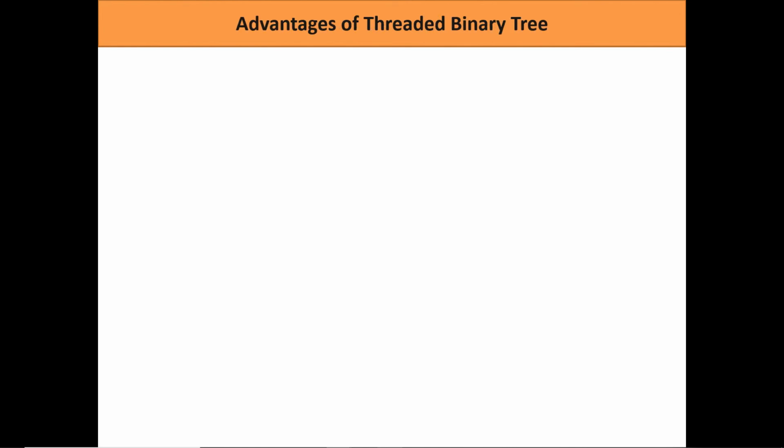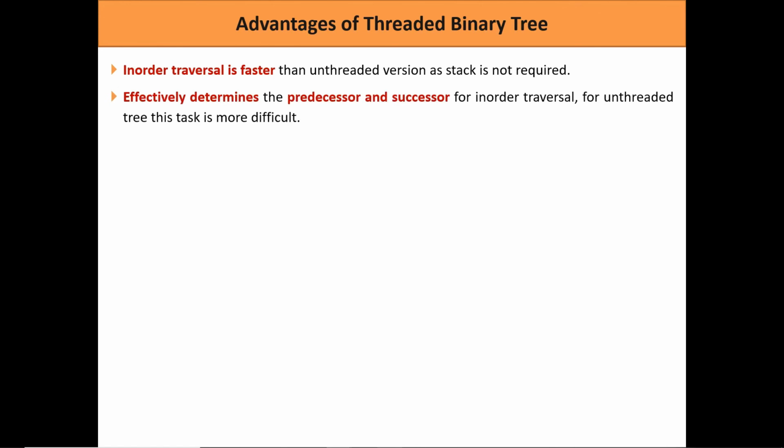Now next is advantage of threaded binary tree. In-order traversal is faster than unthreaded version as stack is not required. It effectively determines the predecessor and successor for in-order traversal. For unthreaded tree, this task is more difficult.